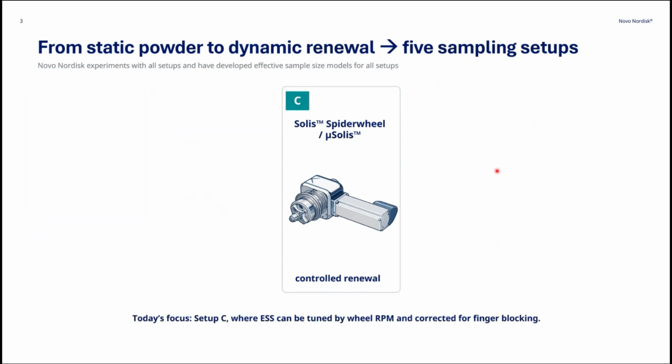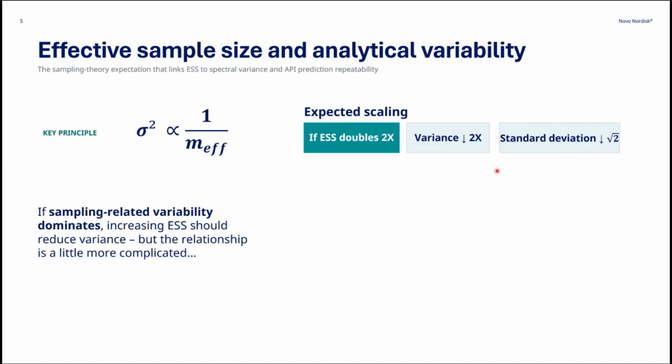But today I want to speak about the model we developed to calculate the effective sample size for a spider wheel. One of the reasons it's relevant to understand is that if the sampling is primarily determining the variance of your results, then increasing the effective sample size would lower your analytical variance.